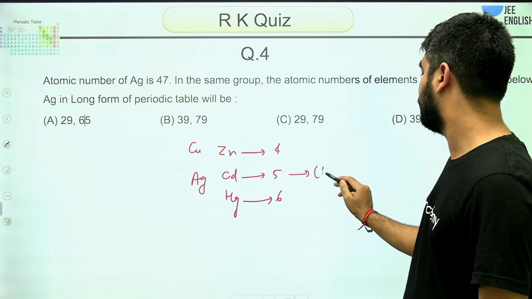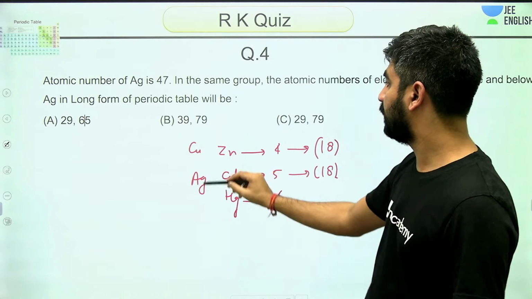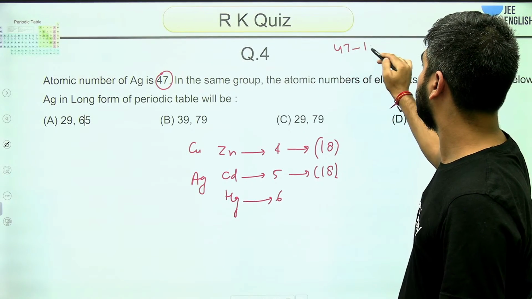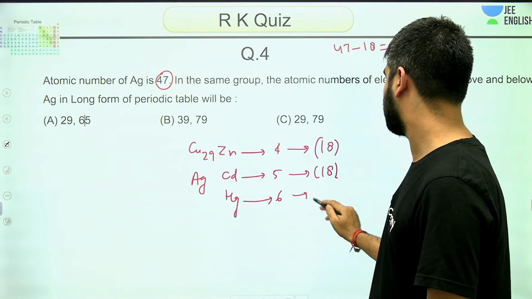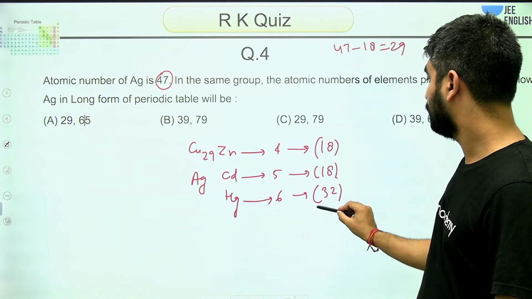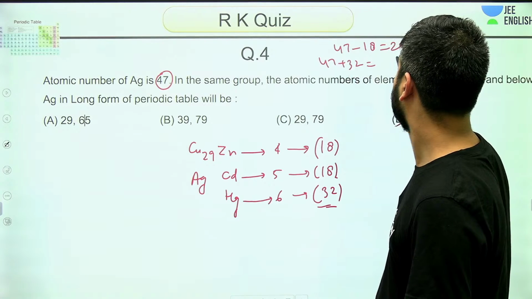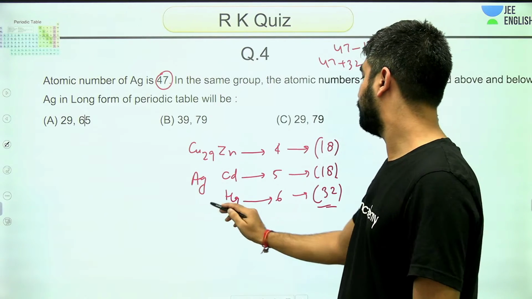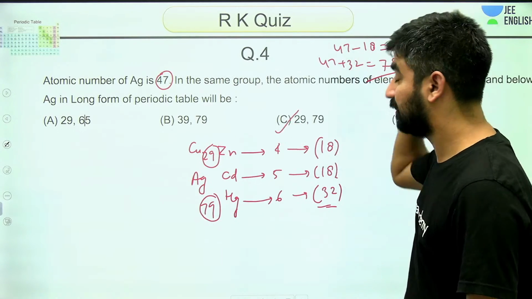You know that this contains 18 elements. So if you are moving up, 47 minus 18, so it would be 29. And if you are moving down, the sixth period will have 32 elements. So just add 32. So it will be 79. So guys, your answer would be C.